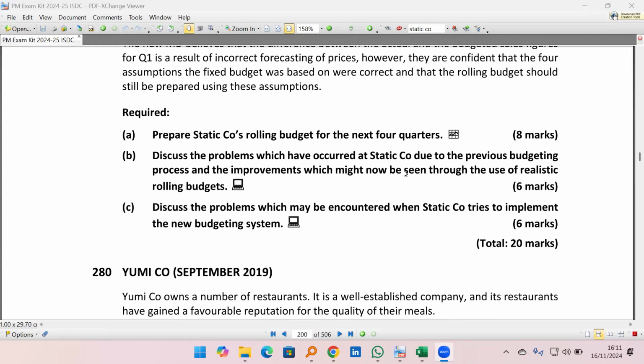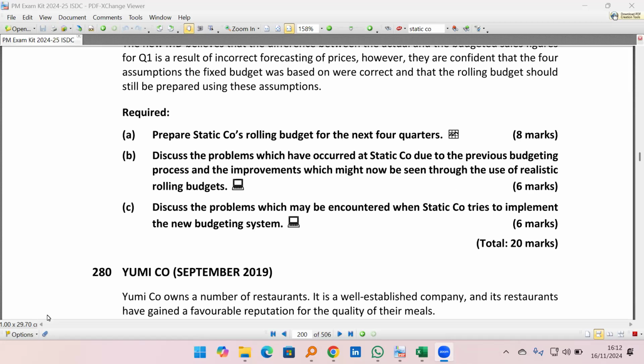Then discuss the problems that have occurred at Statico due to the previous budgeting process and the improvements that can now be seen through the use of realistic rolling budgets. And then discuss the problems which may be encountered when Statico tries to implement the new budgeting system. So everything about this question is about rolling budget.